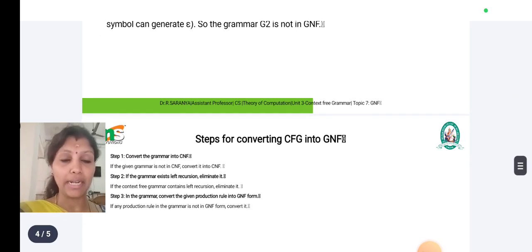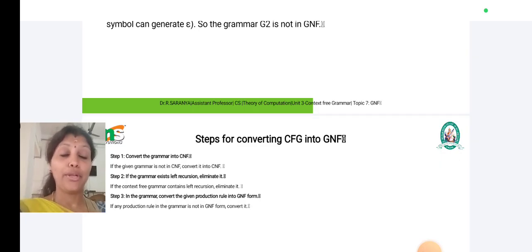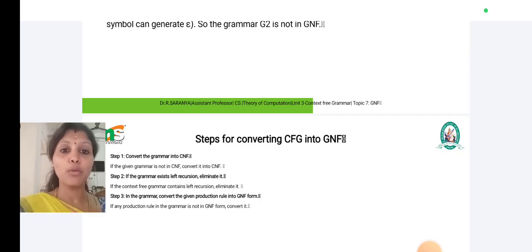For converting the grammar into GNF, if the grammar has left recursion, we start implementing the minimization of context-free grammar rules. We have 3 rules. In order to minimize the context-free grammar, we have to apply removal of unit productions and removal of epsilon productions. We apply these in order to eliminate left recursion.